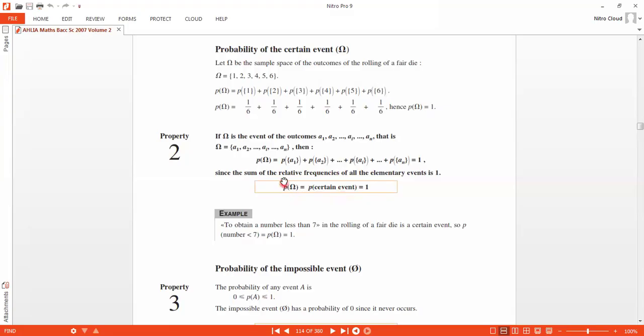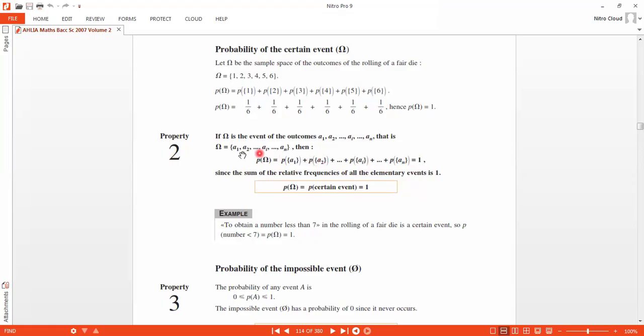So the probability of the sample space in this case is 1, because I'm taking the whole sample space. An easier example: suppose I have a fair die, any number between 1 and 6, and I need to obtain a number less than 7. It could be 1, 2, 3, 4, 5, or 6. So all the cases are my favorable cases. So it's 6 out of 6, which is 1.